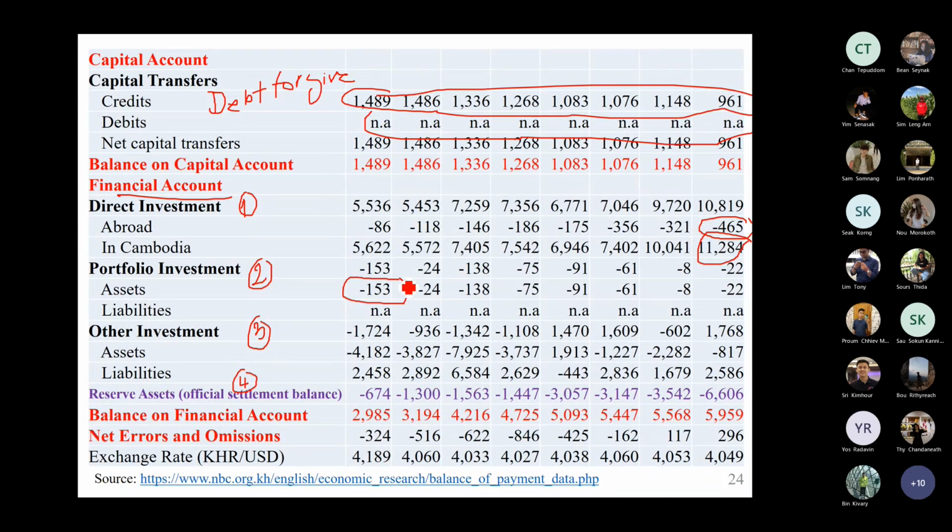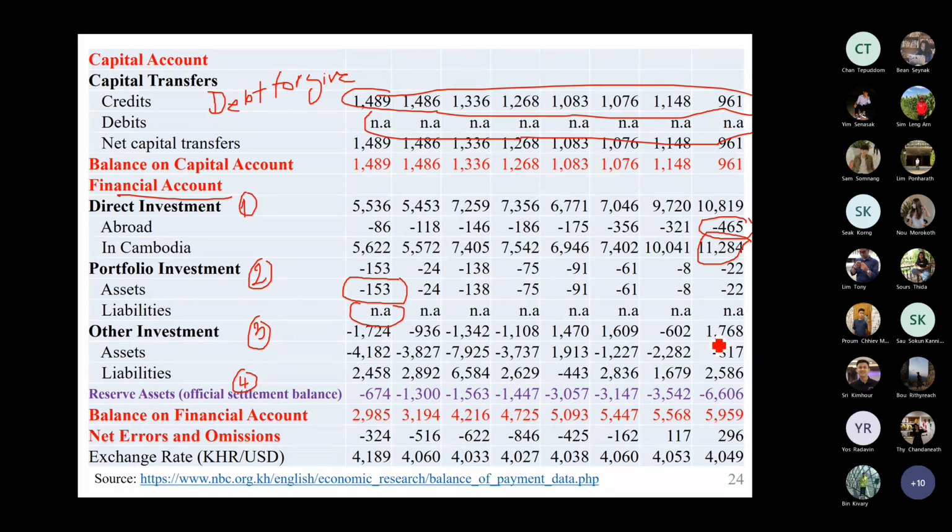Or perhaps, let's say, money to buy the US government bond, the treasury bill, okay? So our people own assets overseas, and we record that as a minus. So that's flow out. However, we don't have information about flow in, as you can see. So that is the portfolio investment.